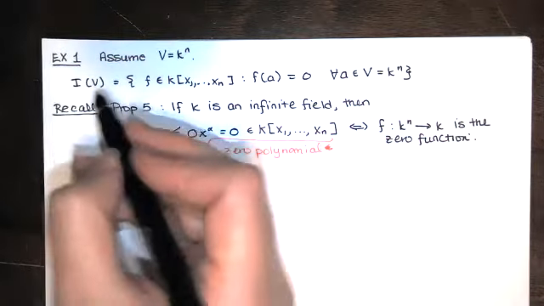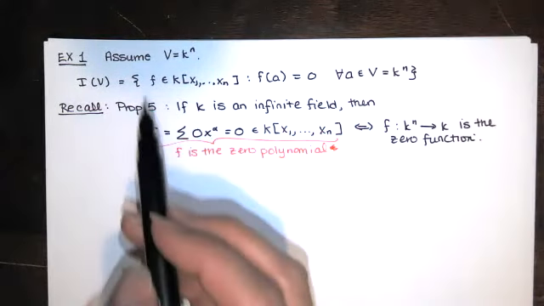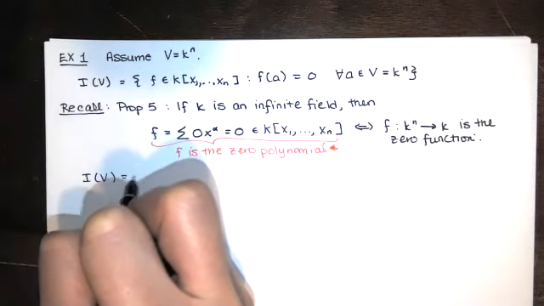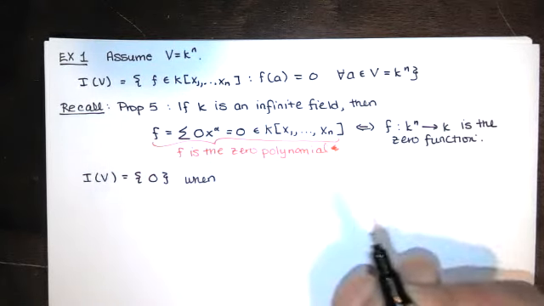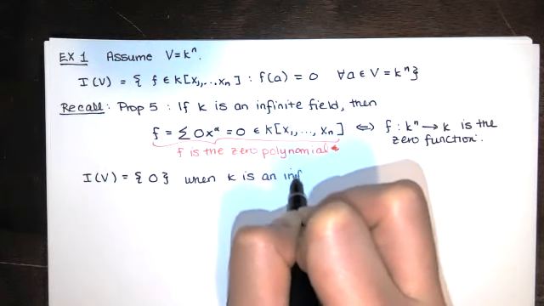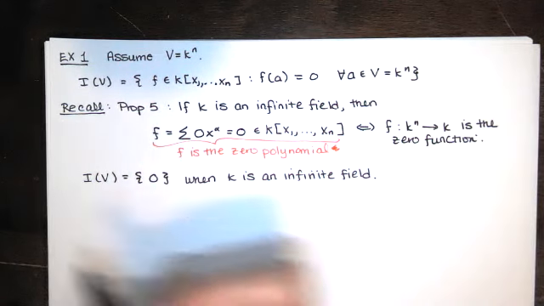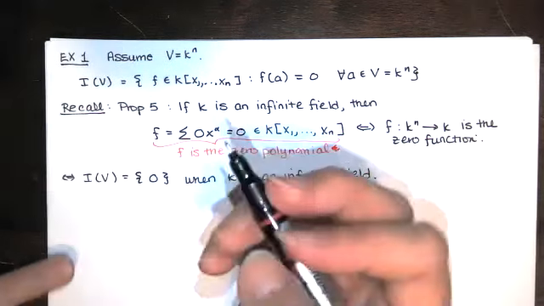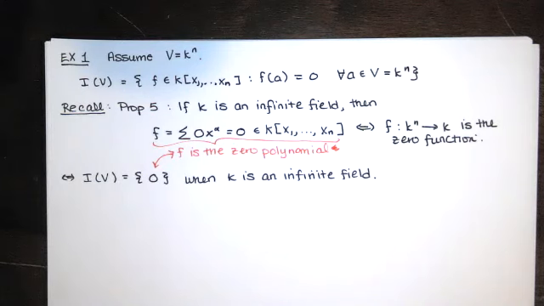So Proposition 5 was written this way. Another way to state Proposition 5, now that we know what an ideal of a variety is, is to just say that the ideal of the variety is the zero polynomial when K is infinite, or an infinite field. Let me specify that it's a field. We know from context that it's a field. And when we see a 0 like that, we're referring to the zero polynomial.